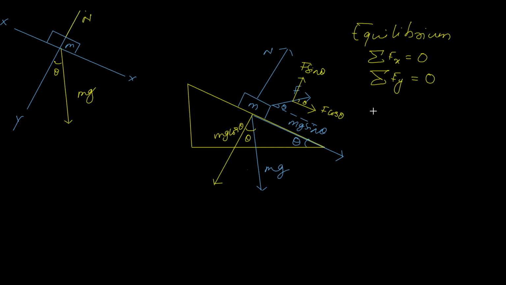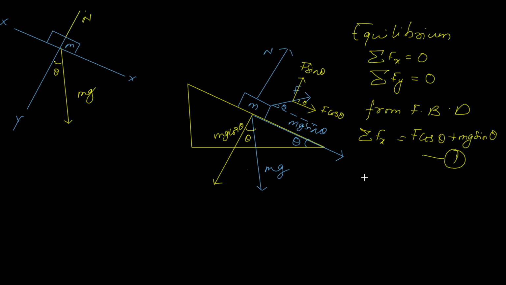From the FBD, we will write summation of Fx. In the x direction I see F cos theta and I see mg sin theta also. Both of them are in the same direction. So this will give you equation number 1.